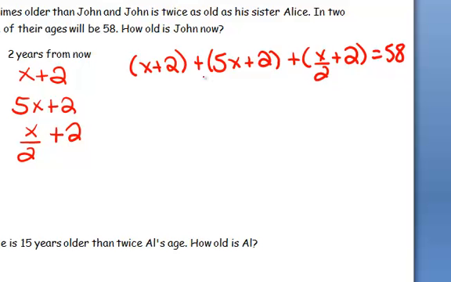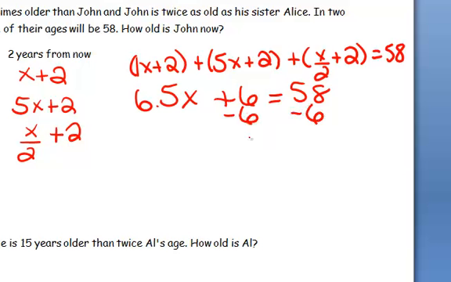I have x, 5x, and a half of x. So really, I have 1 plus 5 is 6, plus a half of an x. So I have 6.5x, and then plus 6 equals 58.